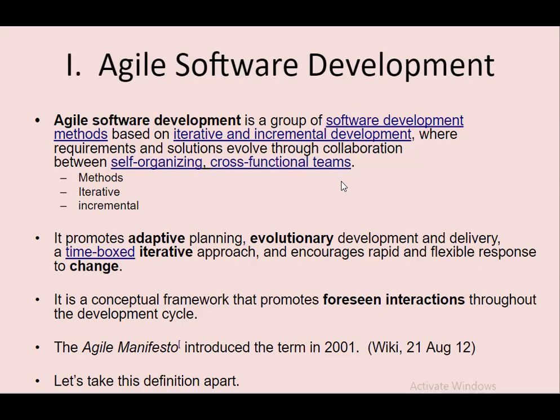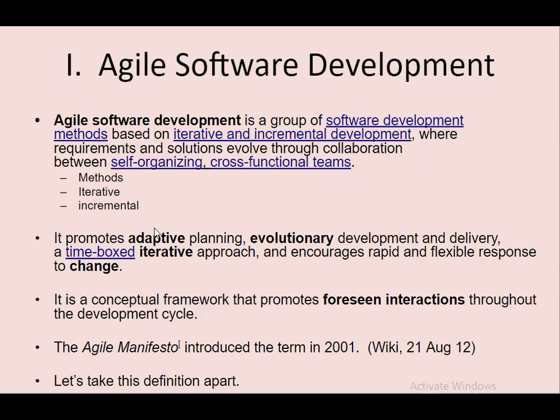We are not fixing the requirements at the beginning, the way we do in waterfall. It's always evolving throughout. During the software development life cycle, the requirements and the solutions are always evolving.